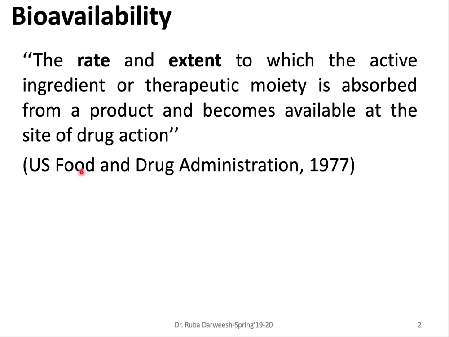This definition is not that correct or has some flaws because even though we are interested in the rate and extent and the active ingredient, we cannot determine how much or at what rate the drug is at the site of action.